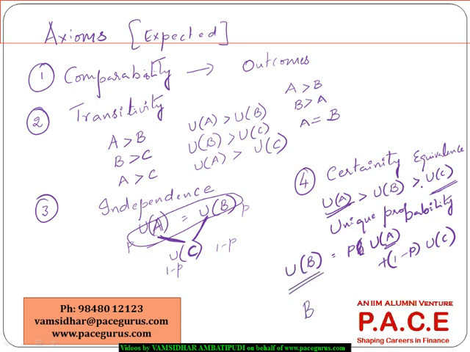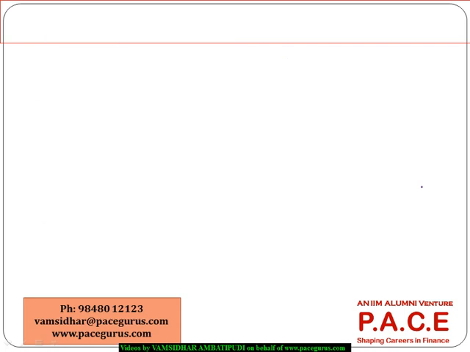Now, the next important concept which I would like to bring out here is, how do we really look at some of the attitudes of the investor, some of the typical attitudes of a common investor in terms of utility function.